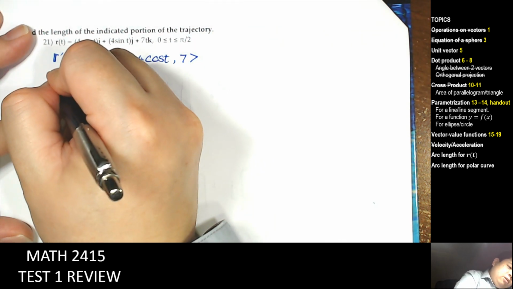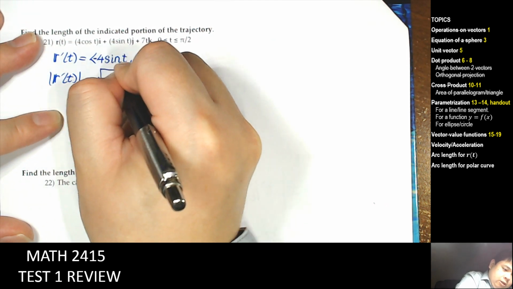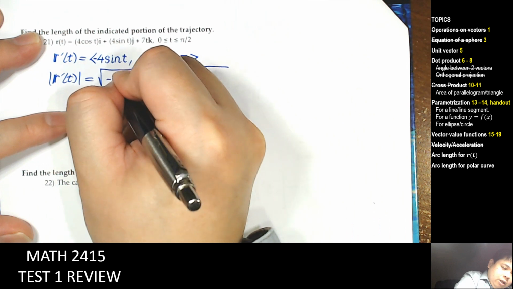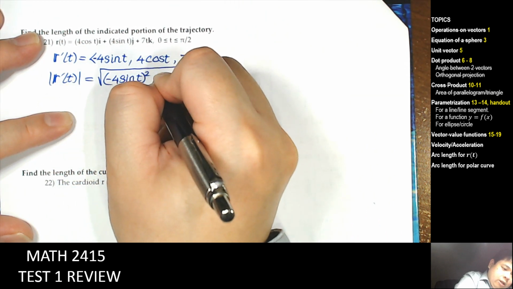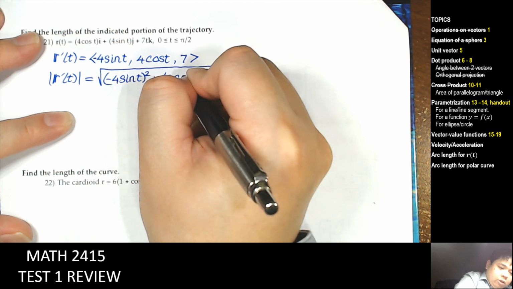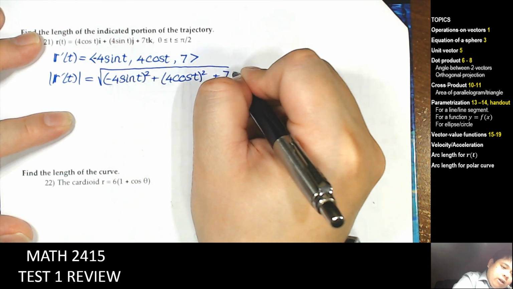Then the magnitude: negative 4 sine t squared, 4 cosine t squared, and then 7 squared.